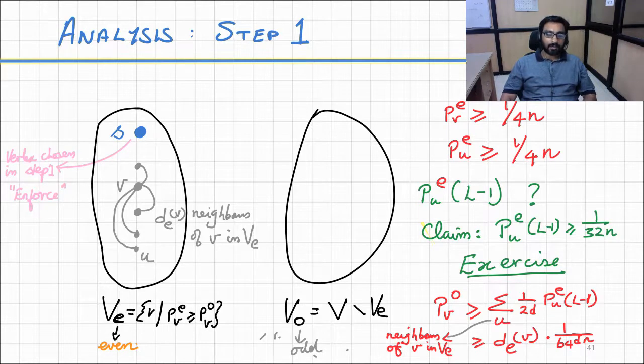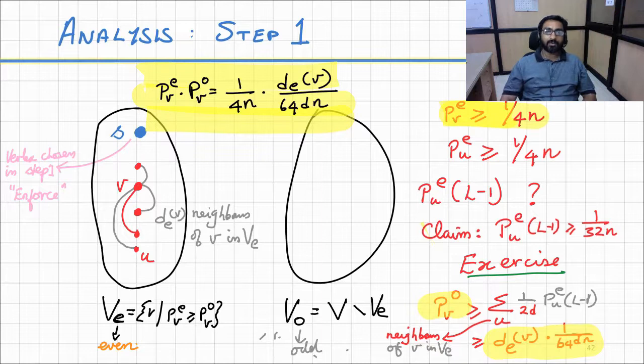Okay. And now, remember, we have a notation dE of V for the number of neighbors of V that are in this set VE. So this is simply dE of V times, and now we're going to plug in this inequality of 1 over 32n over here. This 2 here will make this a 64, so we get this bound over here. So notice now that we have a bound for PVE and we have a bound for PVO.